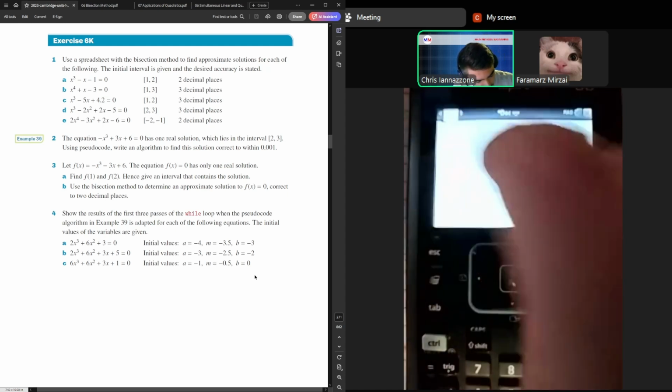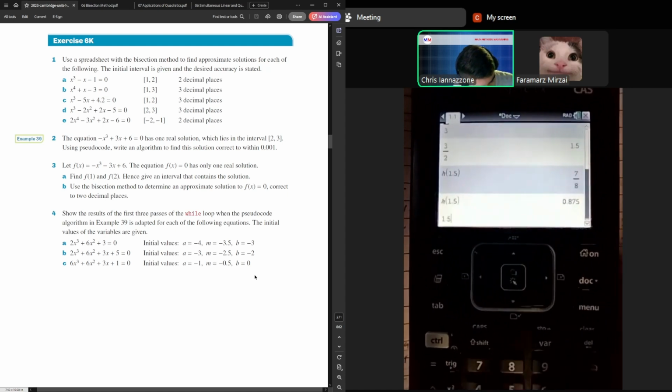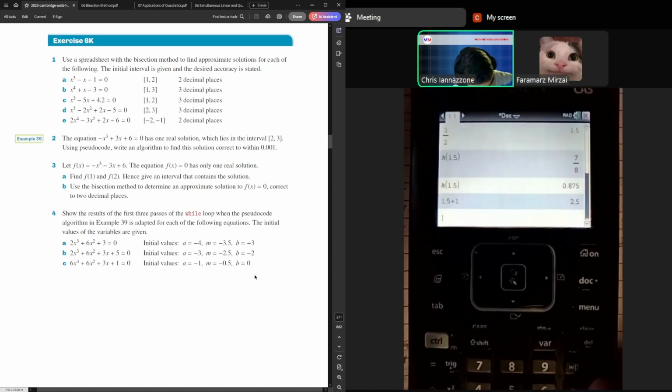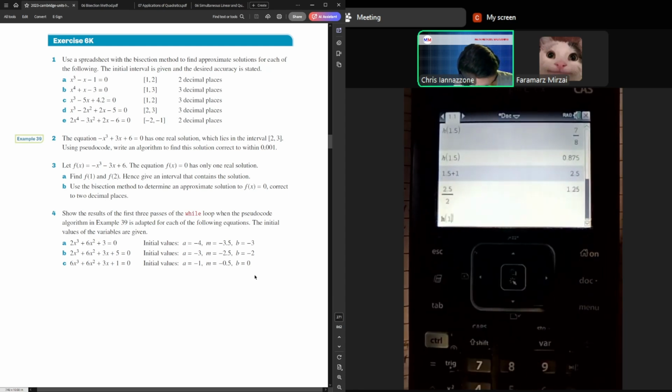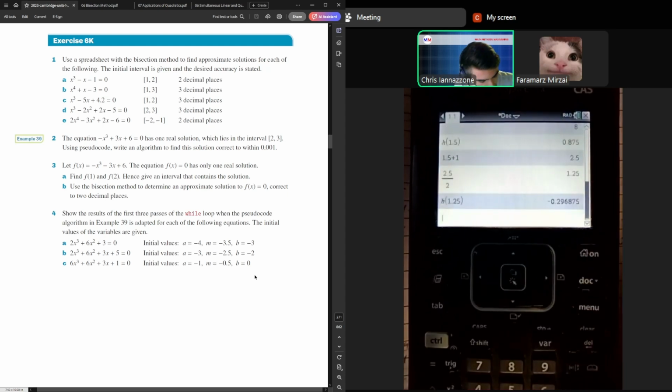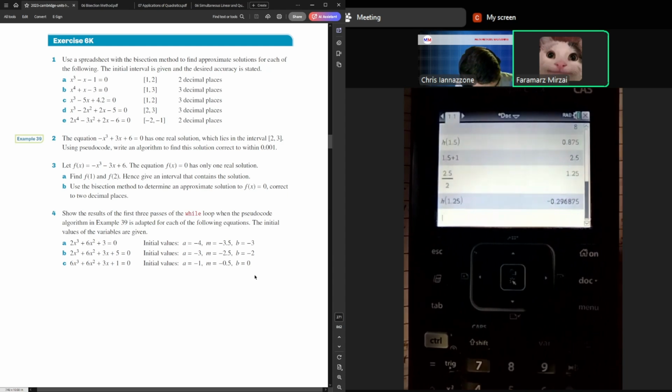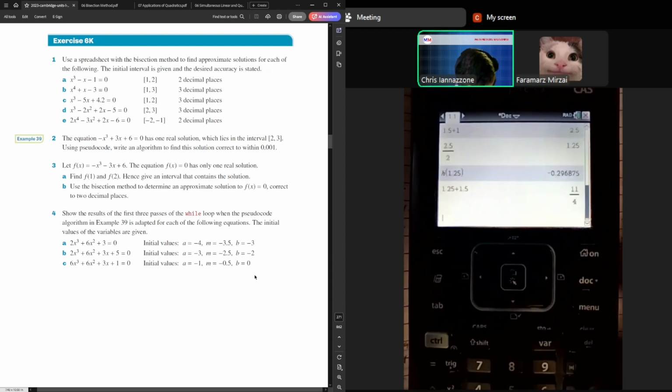Again, new midpoint. So now we're doing between 1.5 and 1, all divided by 2. 1.25. H of 1.25. Now it's negative. So what do you do from here? Lower. Yeah. 1.25 plus 1.5 all divided by 2.